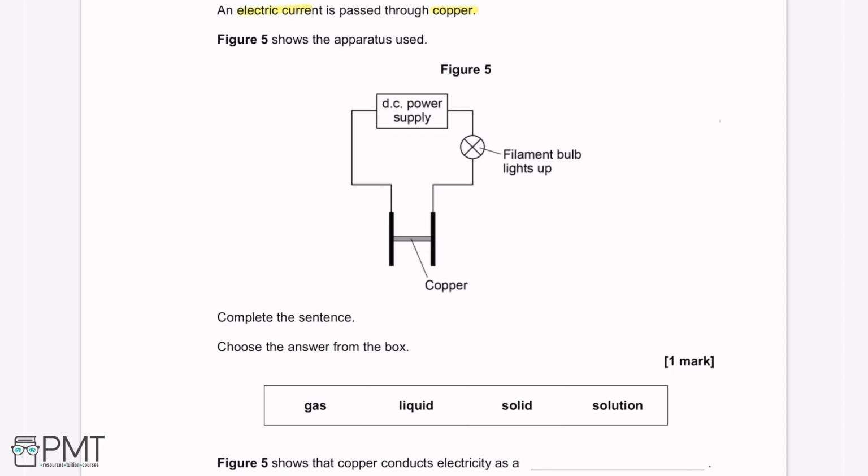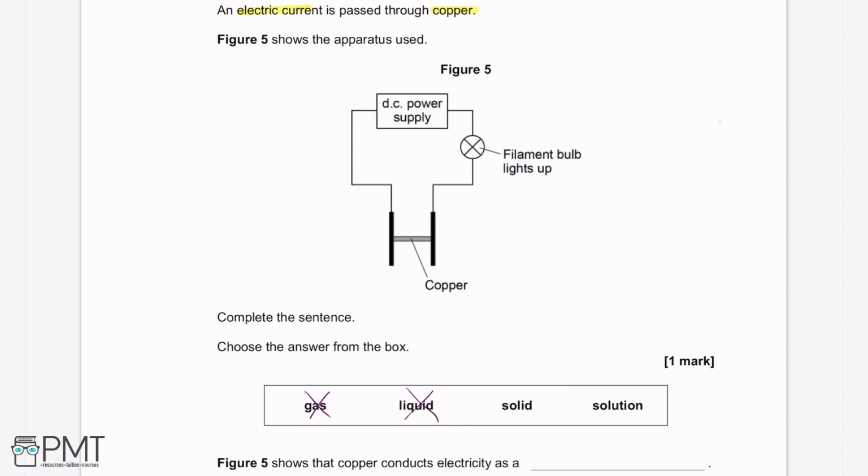Now, the first part of eliminating for this question is basically a bit of common sense. Would you be able to mould a gas or a liquid to specifically that shape as you can see in figure 5? Well, no, you wouldn't be able to.